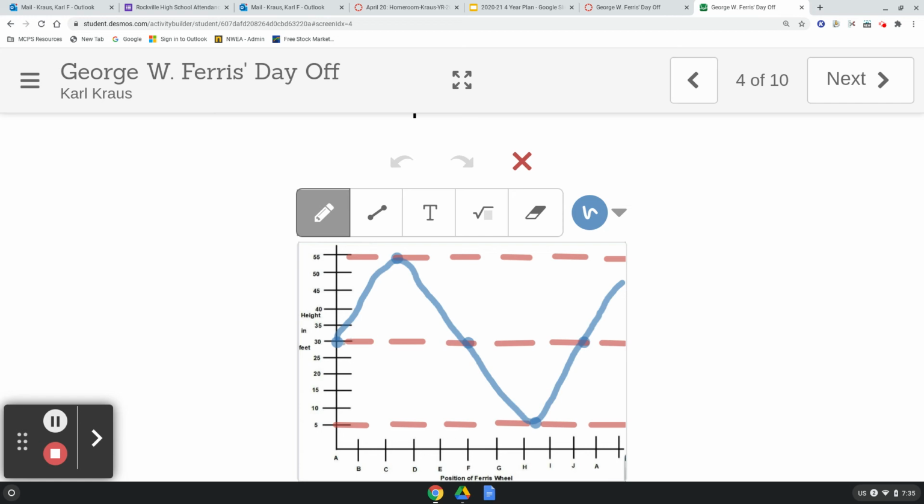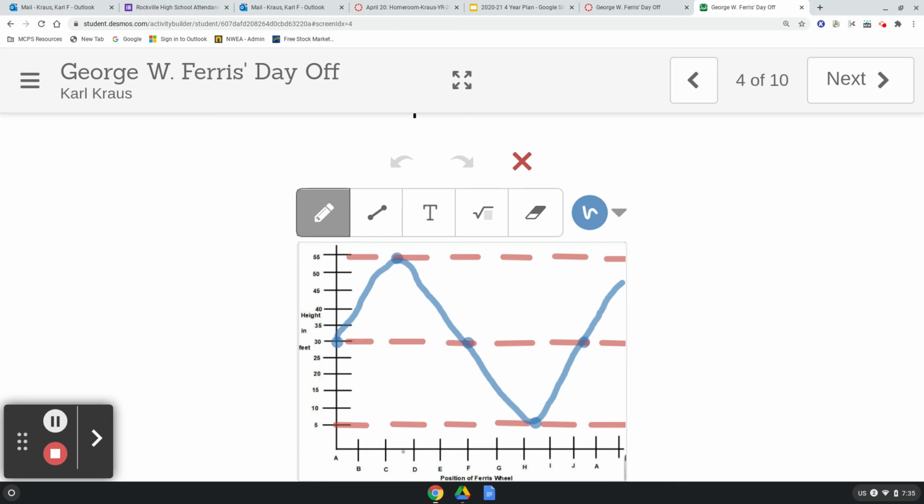So we know that at position A, we're at 30 feet, and position A again, we're at 30 feet. And then at F, halfway between there, we're at 30 feet. So I get those 3 dots.